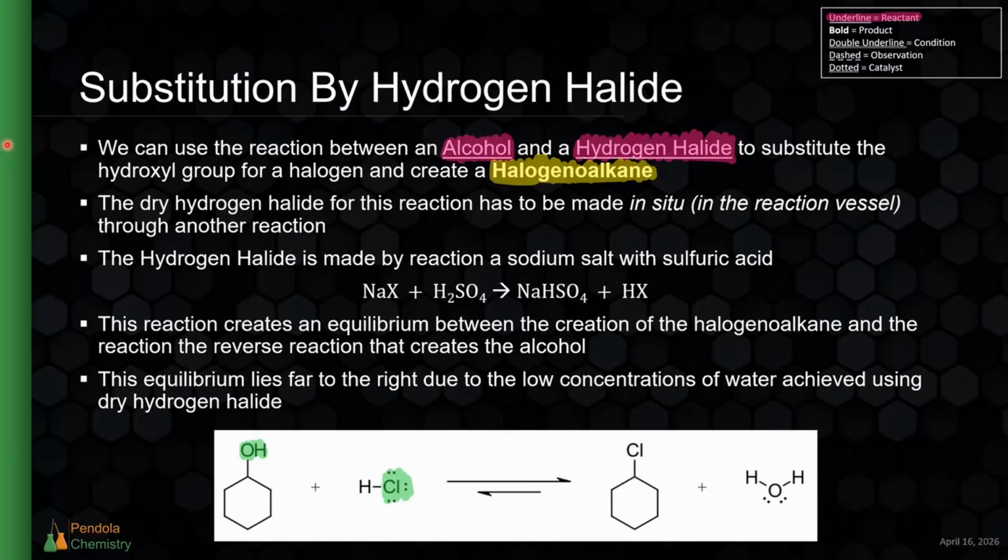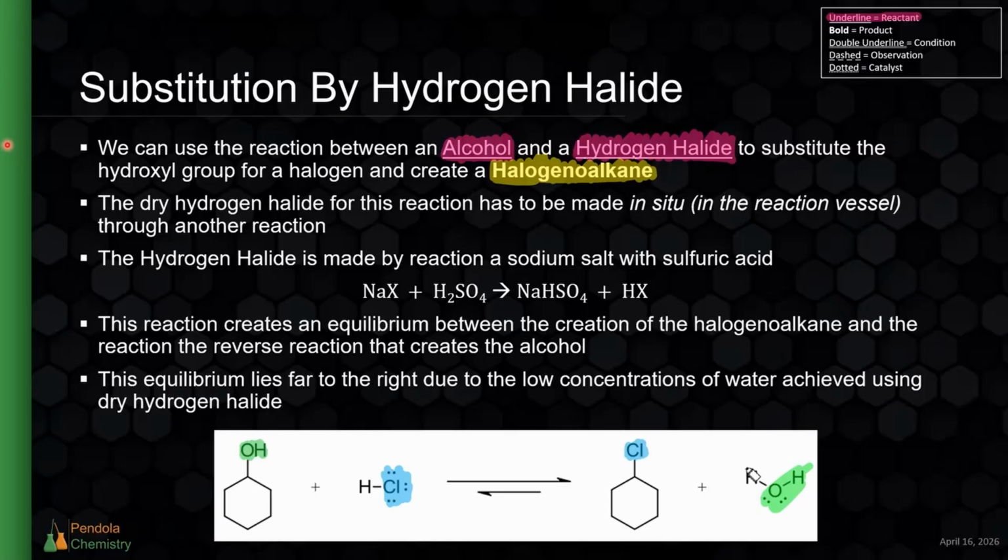And let me actually put the halogen in a different color, but for the halogen that is found in the hydrogen halide. So the halogen takes the place of the hydroxyl. We end up with a halogenoalkane, and then the other product becomes water. The water is made because the OH group from the alcohol picks up a hydrogen from the hydrogen halide, creating that water molecule.